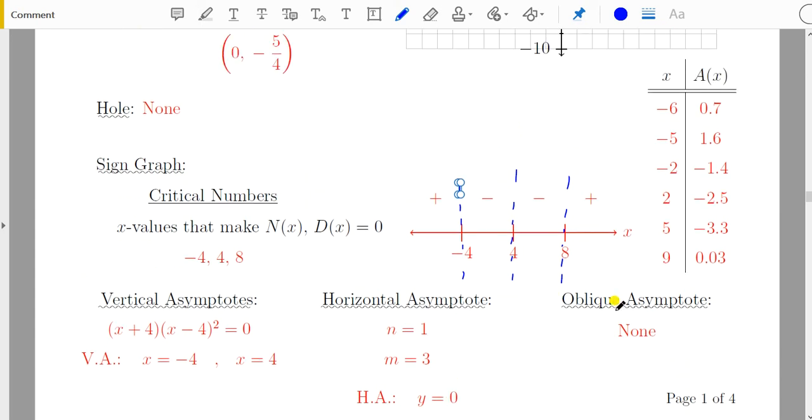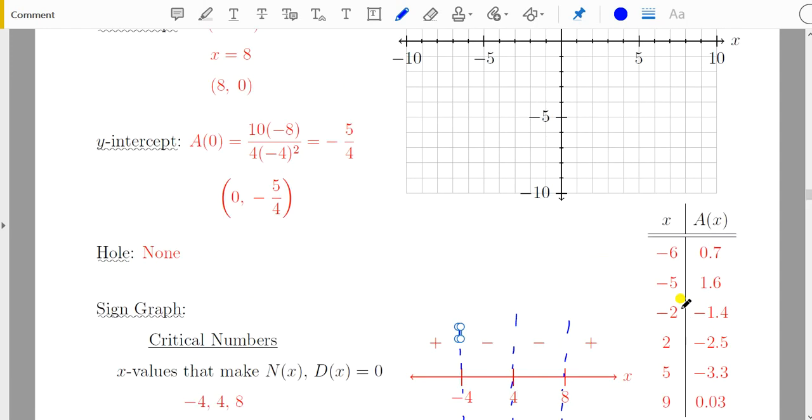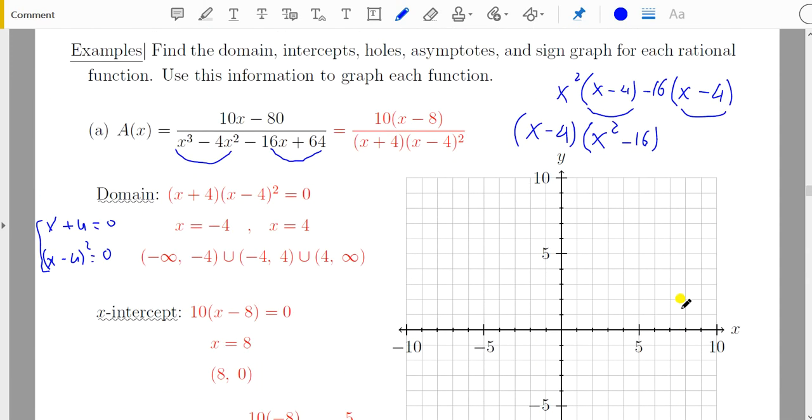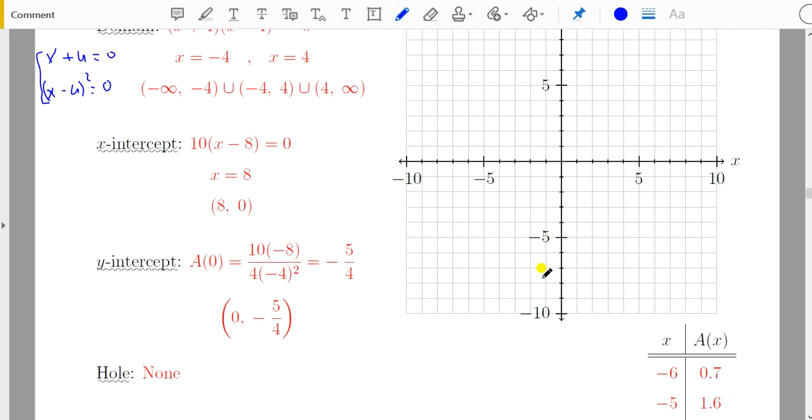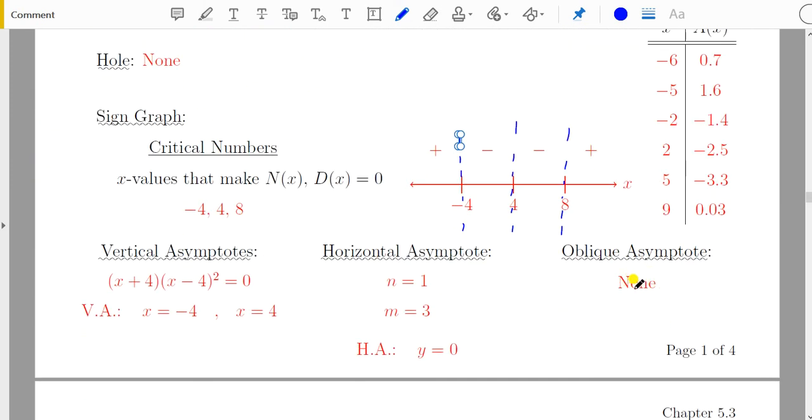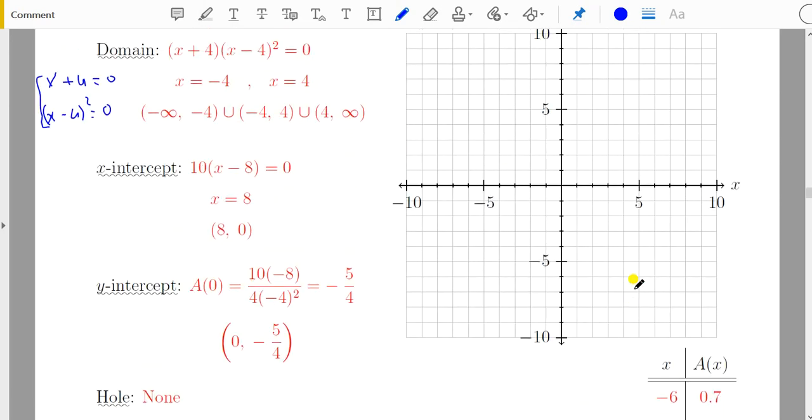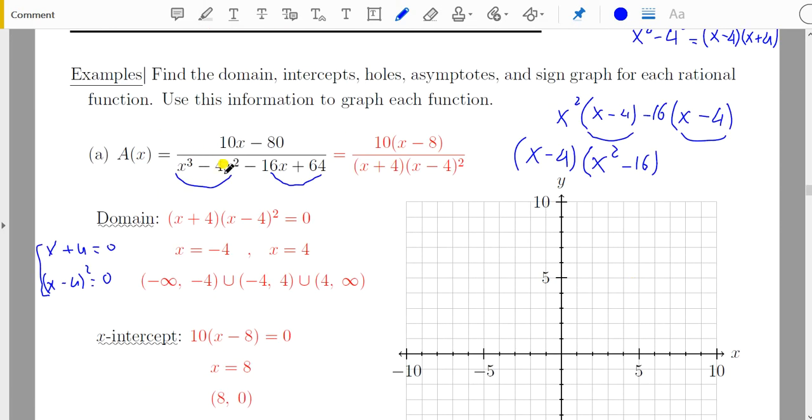Now for the slant asymptotes, we only find slant asymptotes if the degree of the numerator is bigger than the degree of the denominator. But in this case, it's not bigger, therefore there's no slant asymptote.